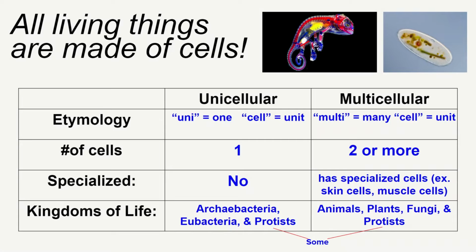The kingdoms that are mainly multicellular are obviously our more complex kingdoms: animals, plants, fungi, and protists. So you'll see that protists is in both, not just unicellular, but also multicellular. Pretty much unicellular is mostly bacteria and protists, and multicellular are mainly eukaryotes, which we'll talk about next.